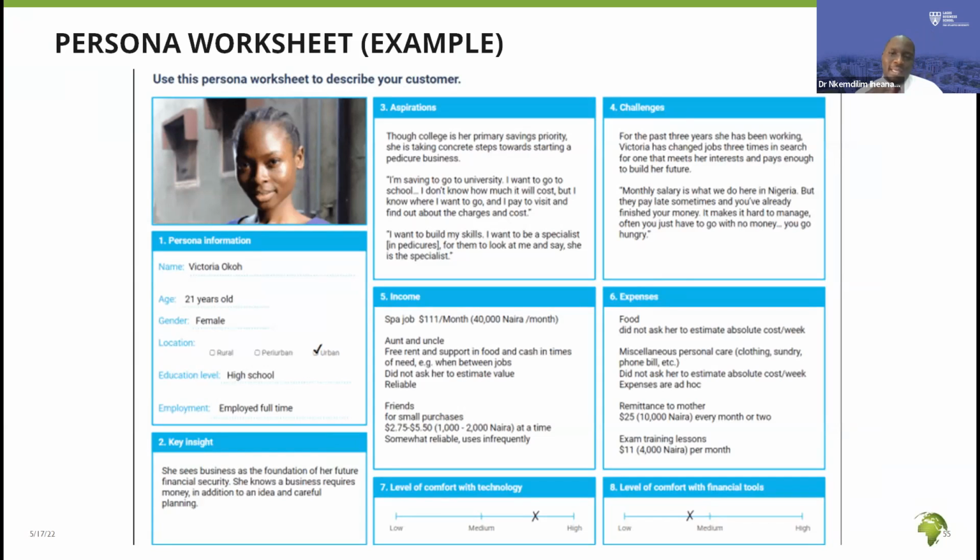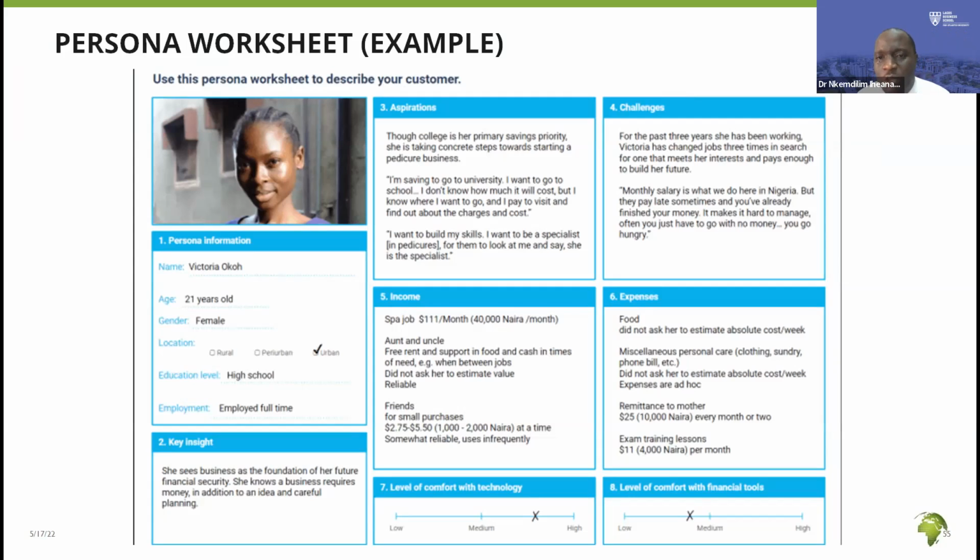Now, what's the key insight here? She sees business as the foundation of her future financial security. And she knows a business requires money in addition to an idea, as well as careful planning. Now, what are her aspirations? Though college is her primary priority for savings, she's taking concrete steps towards starting a pedicure business.